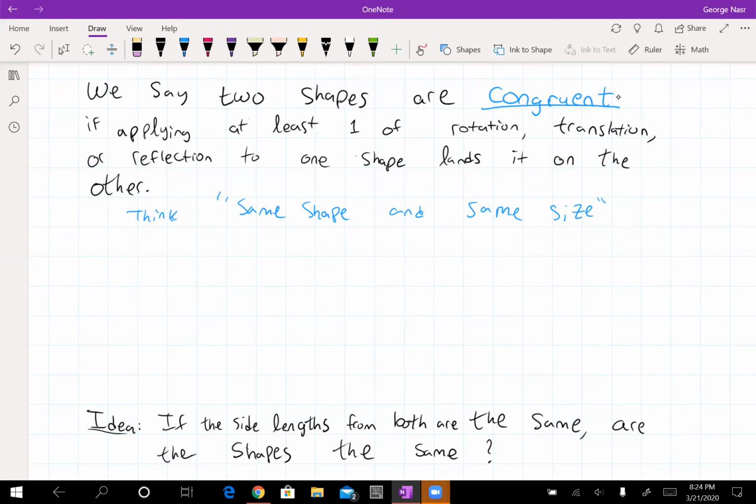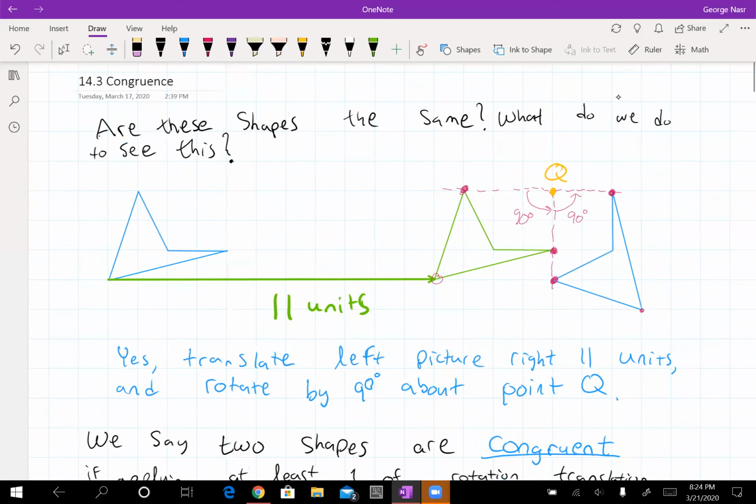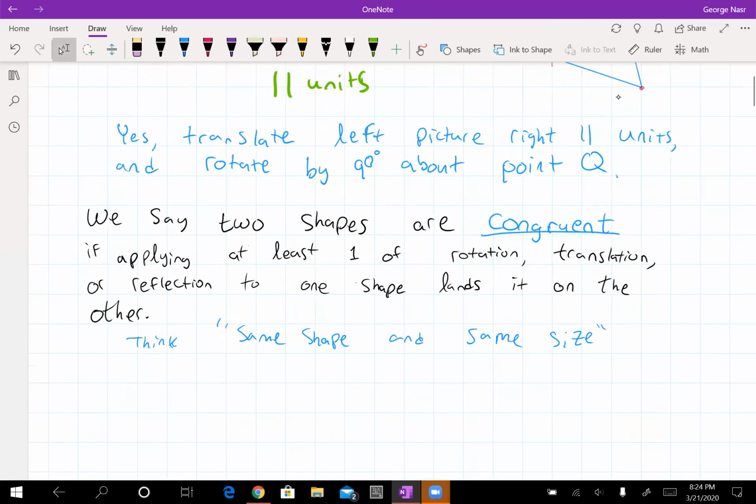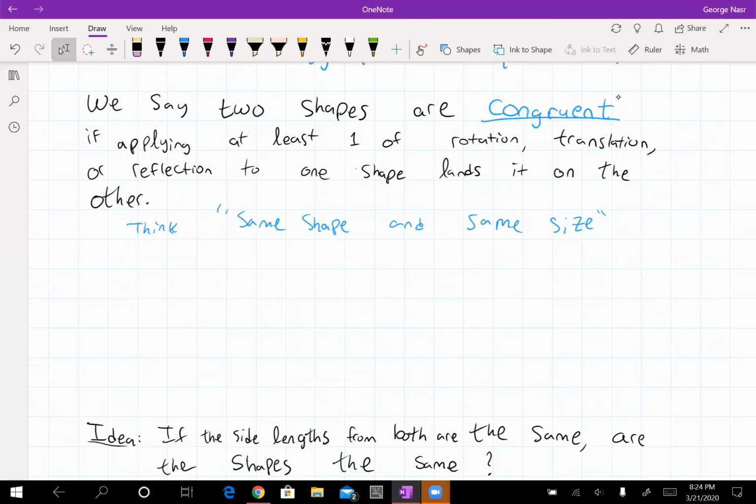So the thing I want you to think is, this is like the big picture of what to think here. By using a rotation, translation, or reflection, we're hoping that we get one shape to land on the other, just like we did here. And again, I want you to think about doing these things.